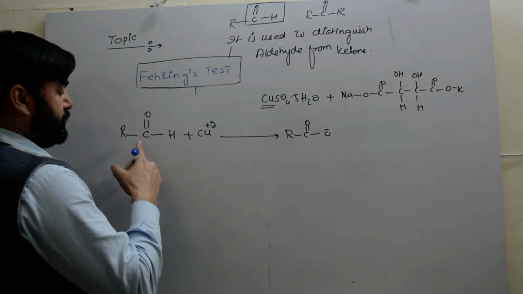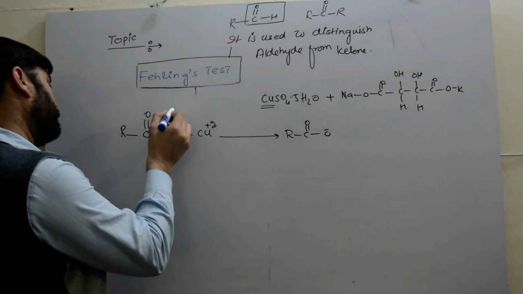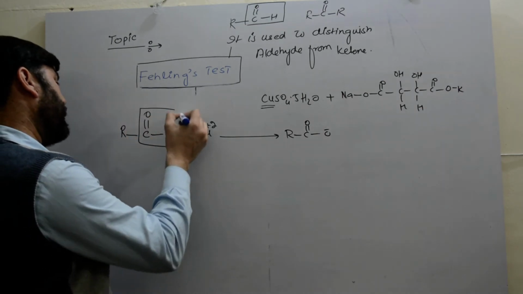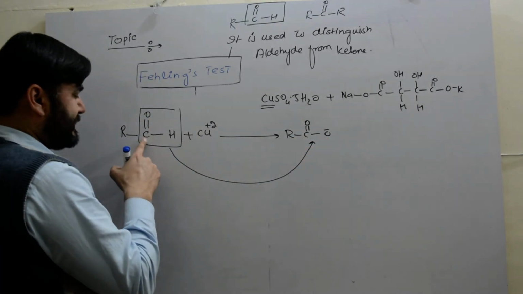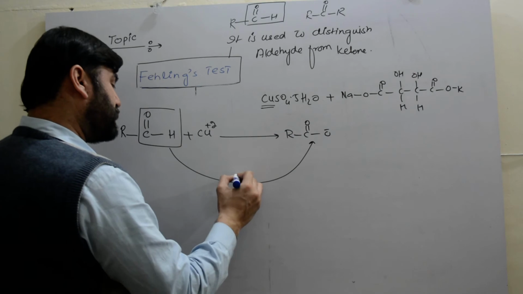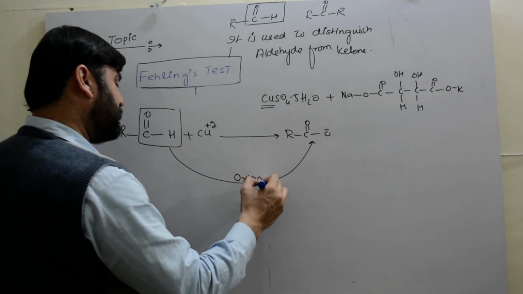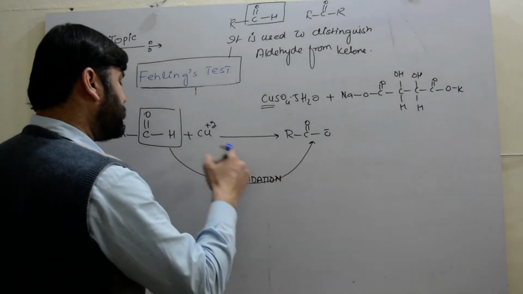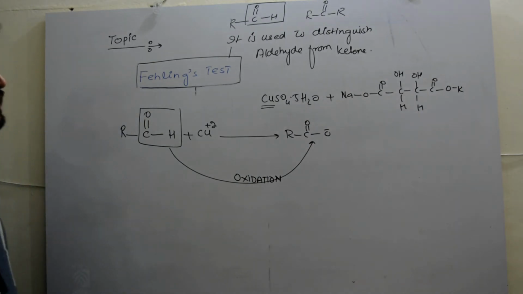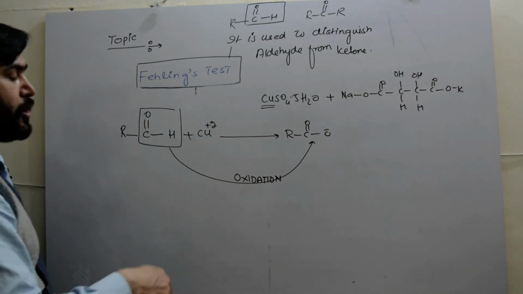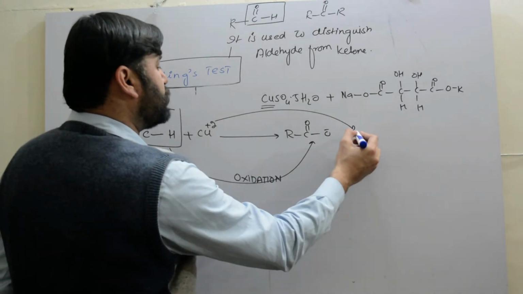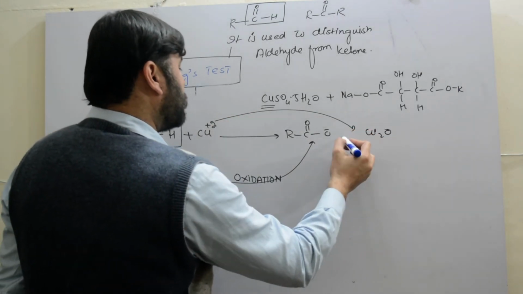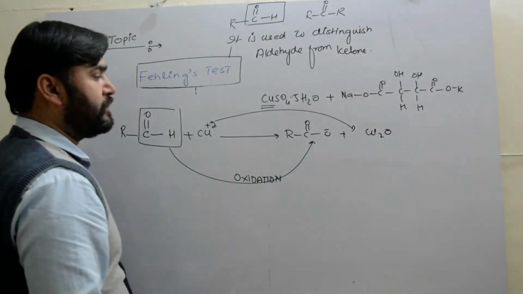Now see, aldehyde changes and there is an increase in oxidation state, so this is simply oxidation. Because there is an increase in oxidation, automatically there will be reduction. So copper changes into Cu2O, cuprous oxide.